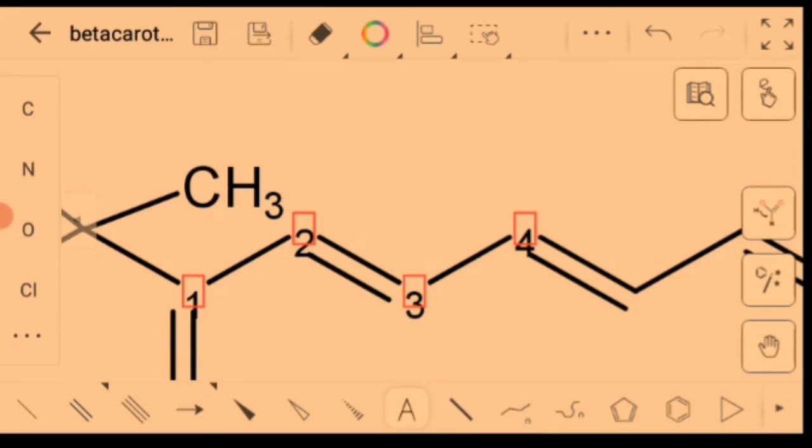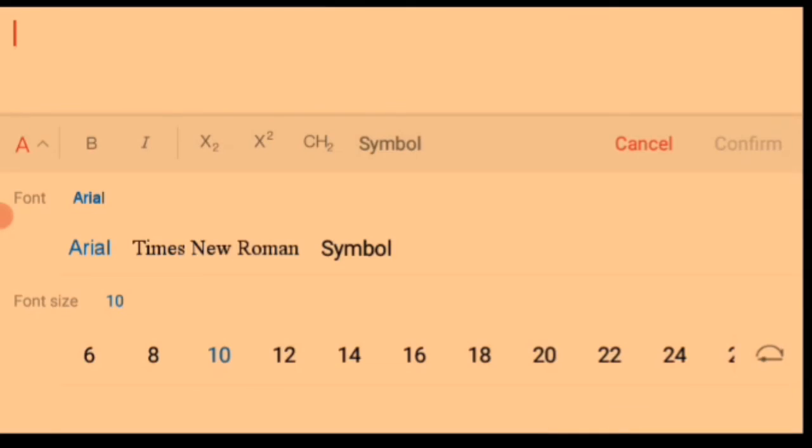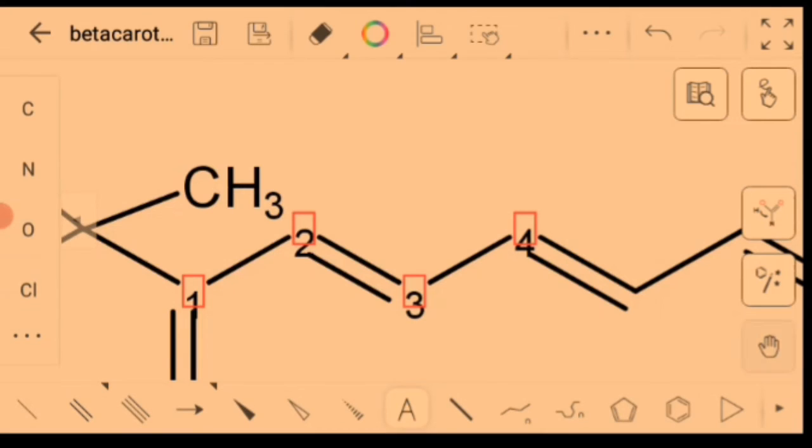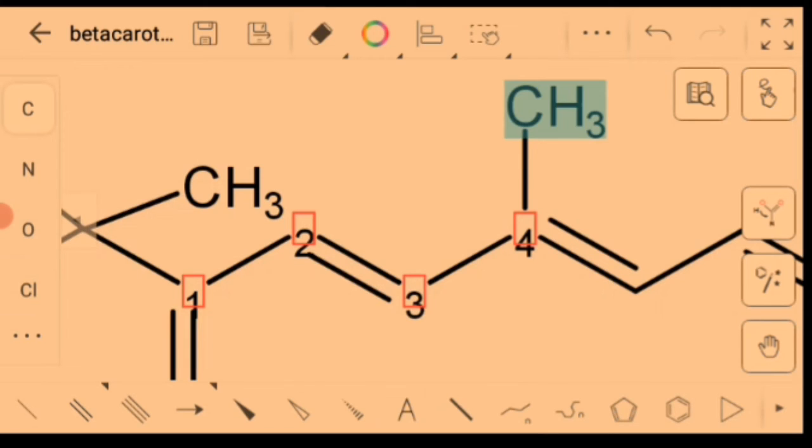So I count carbon 1 to 4, and then I apply my methyl group. Did you get that?